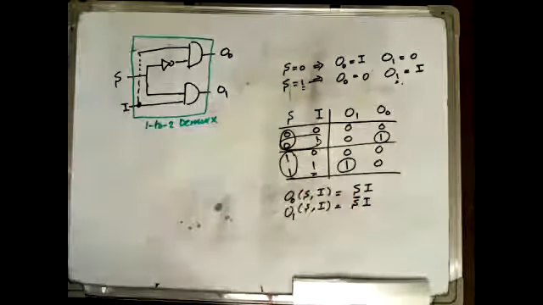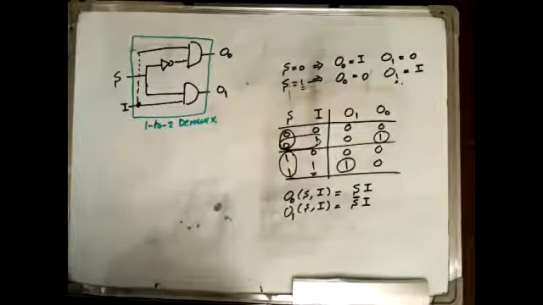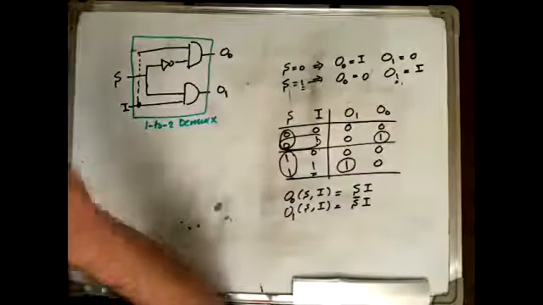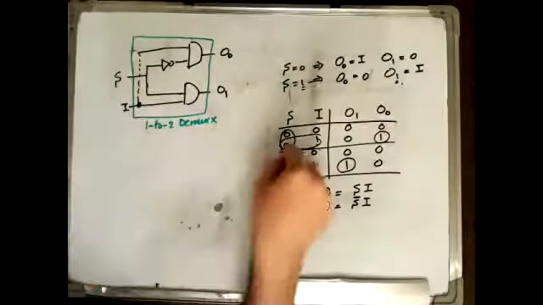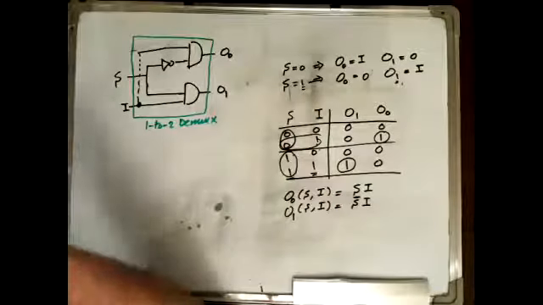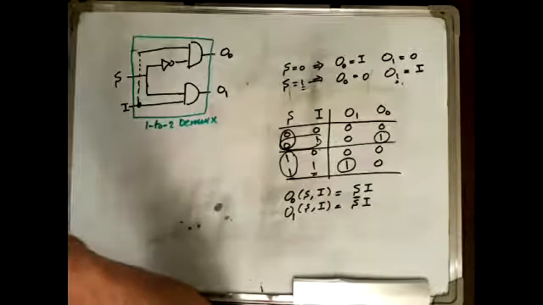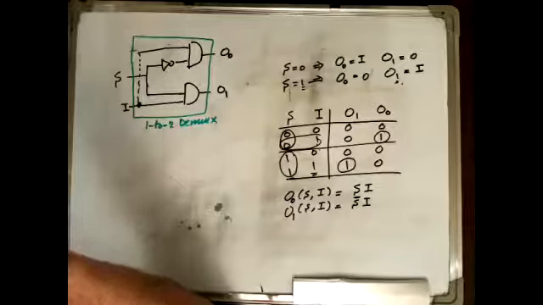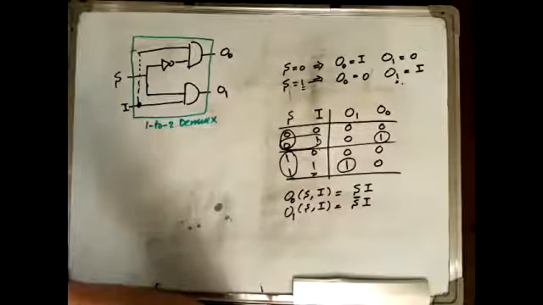How about 1 to 8 Dmux? Still, it is manageable. You have 1 data input, and you need 3 selection lines to select one out of the 8 outputs. How about 1 to 16 Dmux?